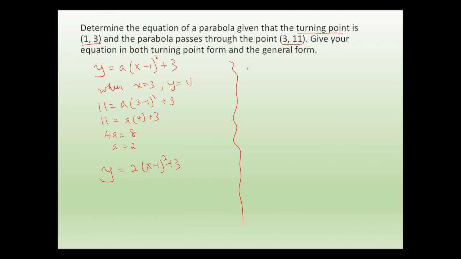For the general form, we need to expand that: 2(x squared minus 2x plus 1) plus 3, which is 2x squared minus 4x plus 2 plus 3. Therefore, this becomes 2x squared minus 4x plus 5.